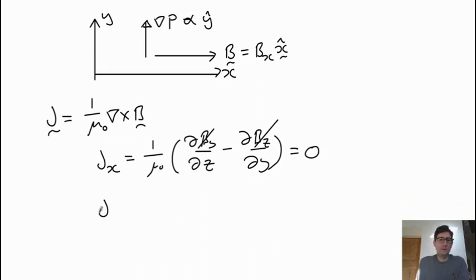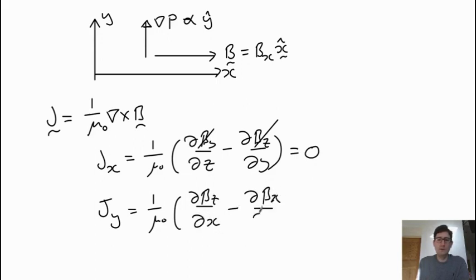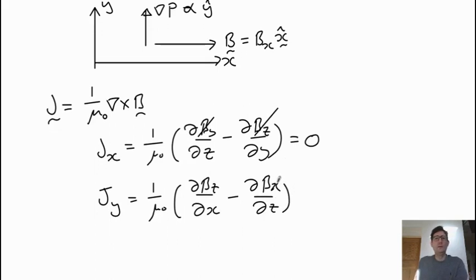And we have jy, and that's 1 over mu naught, dBx by dz minus dBz by dx. So d by dz is 0. Nothing varies in z, so z is into the page and everything is constant. So that goes to 0. Bz here is 0 as well, so this is also equal to 0.